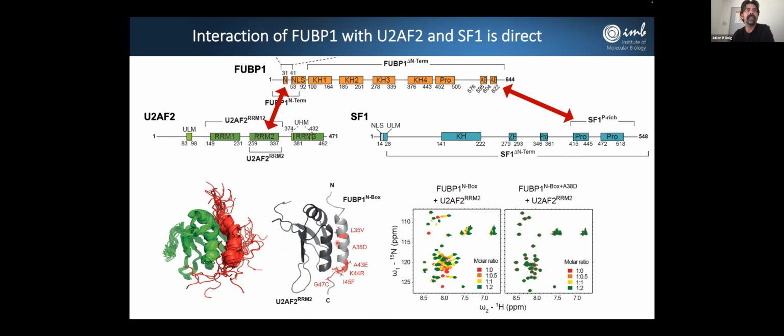When we mutate a single alanine in the interface between FUBP1 and U2AF2, these chemical shifts are lost, suggesting that we lose the specific recognition of this N box via the RRM domain. We are currently in the process of calculating the structure of this interaction based on our NMR data.